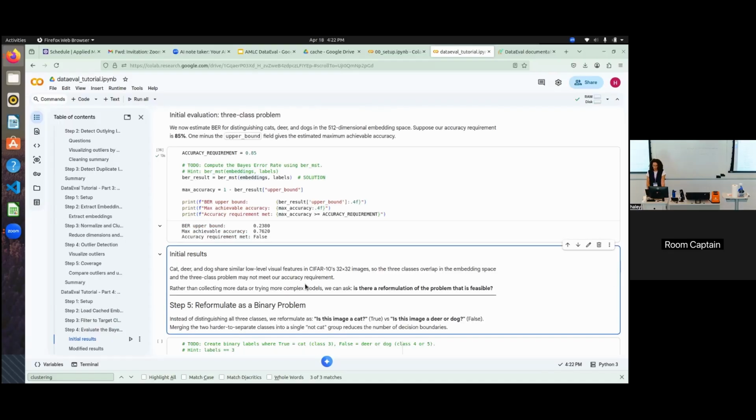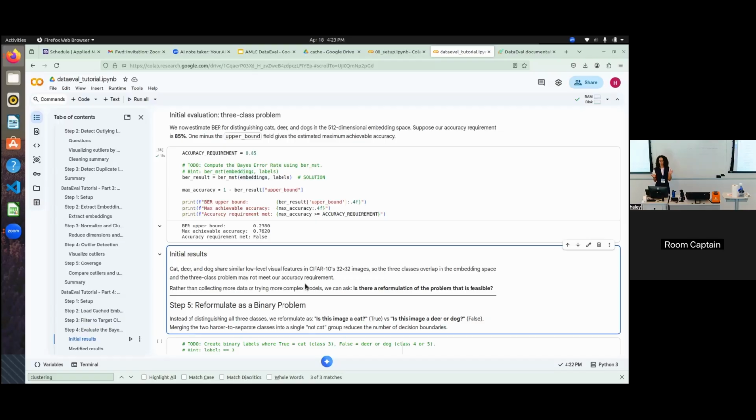And so what you can do from that is think about, and this goes back into how this process isn't necessarily linear. Once you're done with the scope and the objectives doesn't mean you're done for good. So this could indicate that maybe you want to reformulate the problem. Instead of saying, I want to know if it's a cat, a deer, or a dog, you can say, it's not that important to me to distinguish between all three.